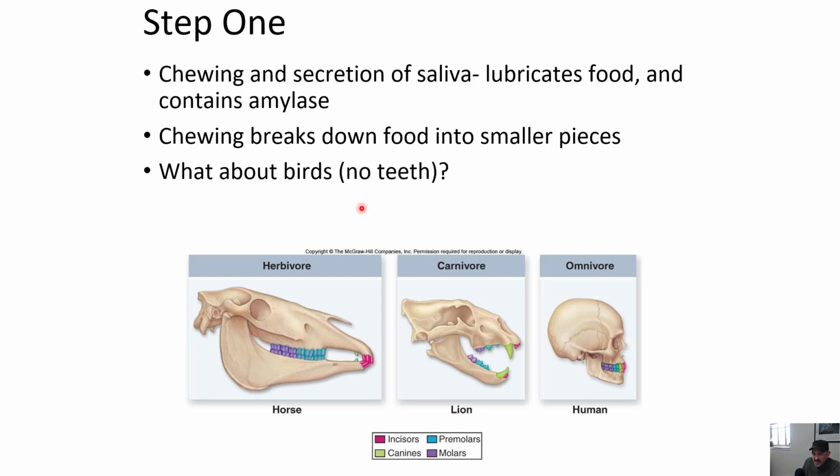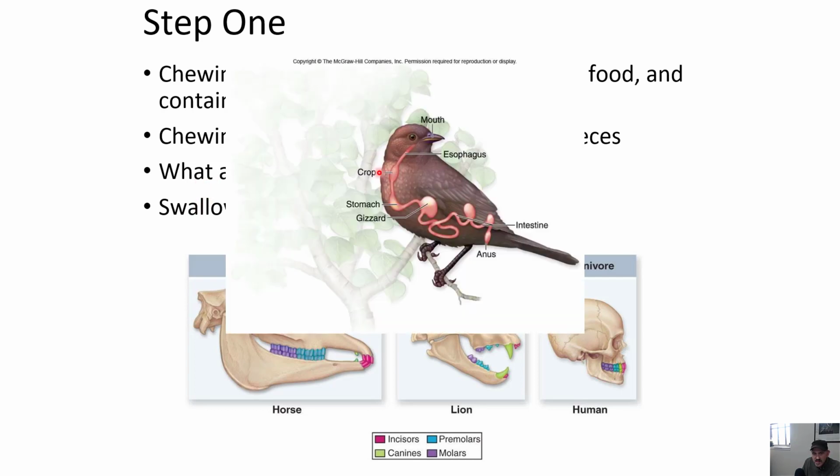What about birds? They don't have teeth. What do they do? Well, we'll have to think about that. But after we chew up our food, we swallow it, right? Birds swallow their food whole typically, and it comes down and gets partially digested in the stomach, and then it hits the gizzard, which is a muscular organ, often with rocks inside, that contracts and pushes and chews the food for the bird after it's swallowed, which is kind of weird.